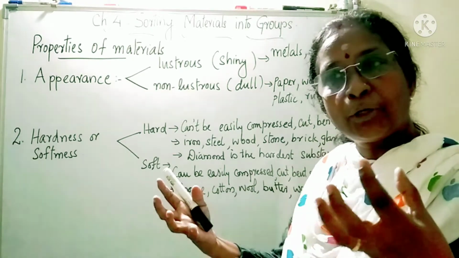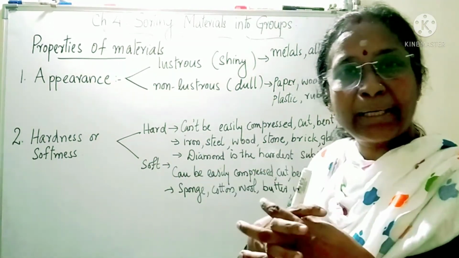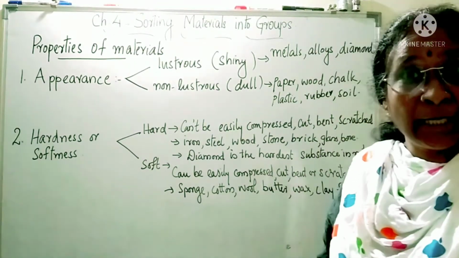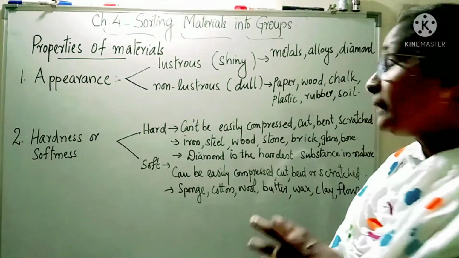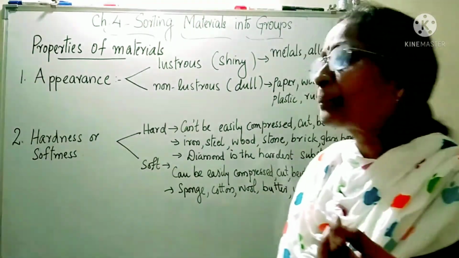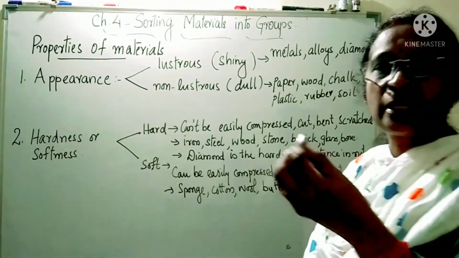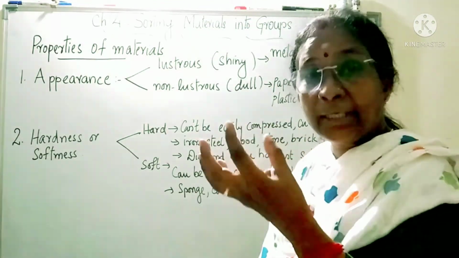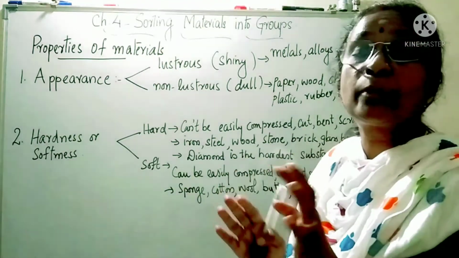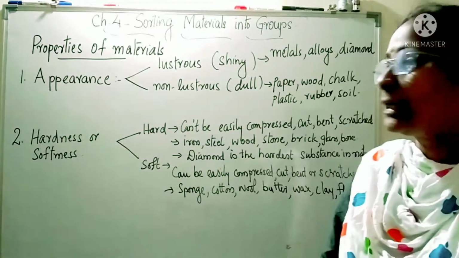Okay, so two or more metals, when they combine, those things also give you a shining appearance. And then the most shining object is diamond. Okay, so some of the things will look very shiny, so that is one property which you use to sort out things.